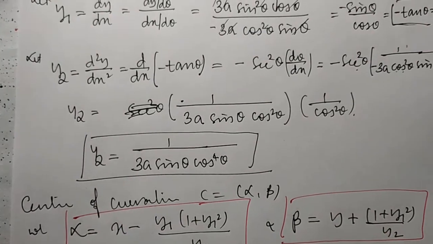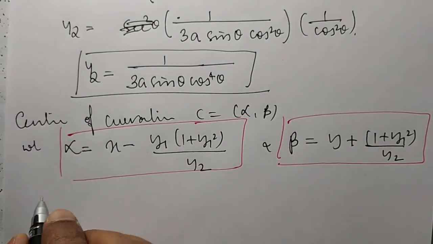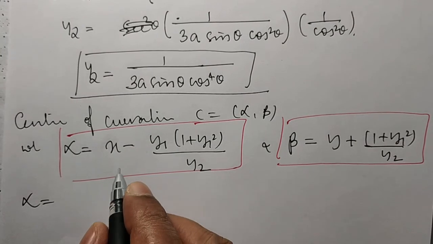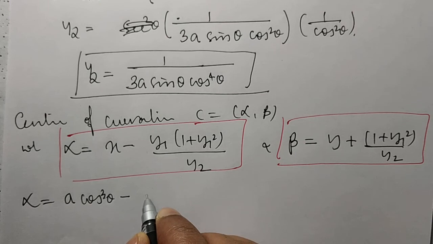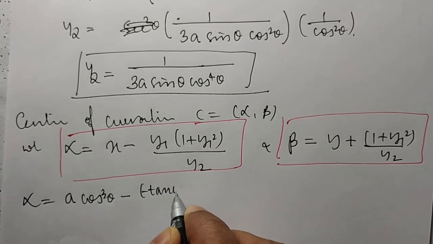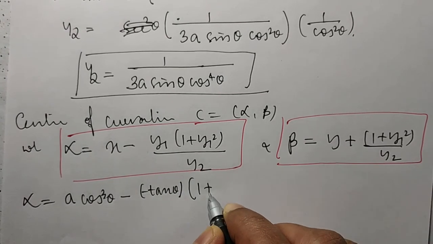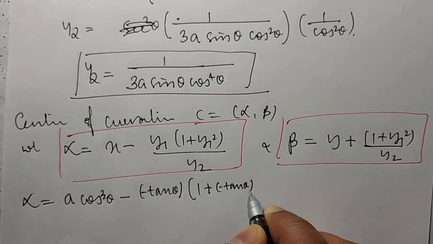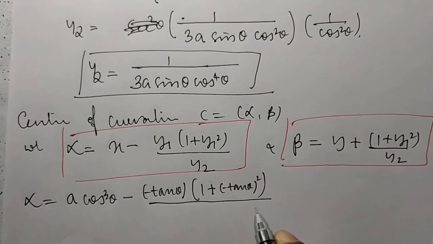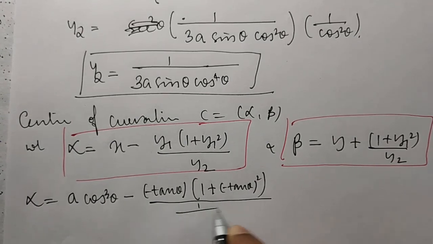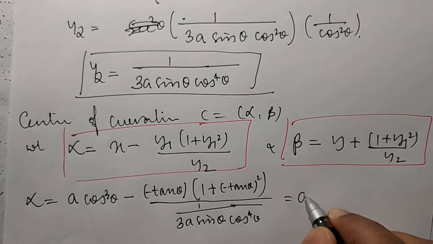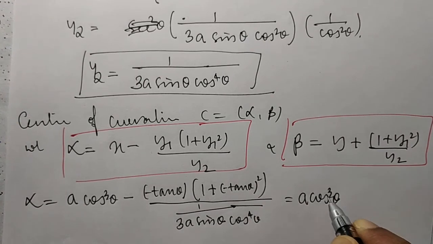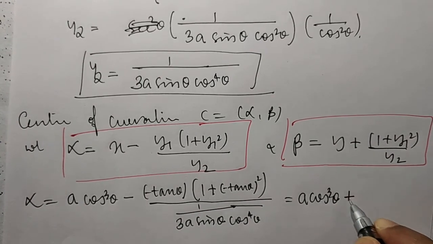Therefore, calculation of alpha: alpha is equal to x. What is x? x is a into cos cube theta minus y1. y1 is minus tan theta, into 1 plus minus tan theta the square, divided by y2. y2 is 1 divided by 3a sin theta cos raised to 4 theta. That is equal to a into cos cube theta, minus it will become plus.